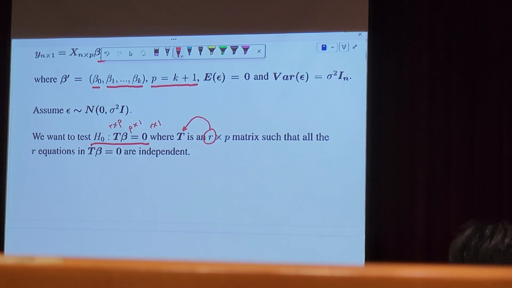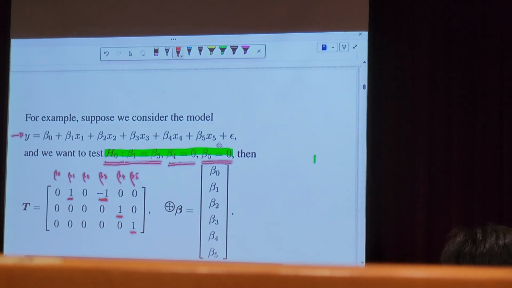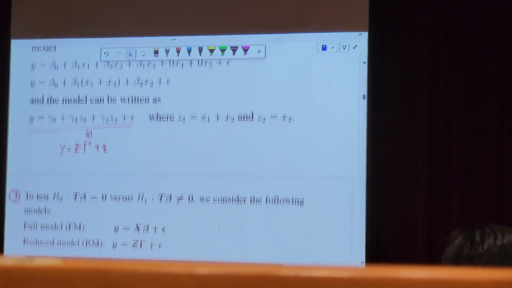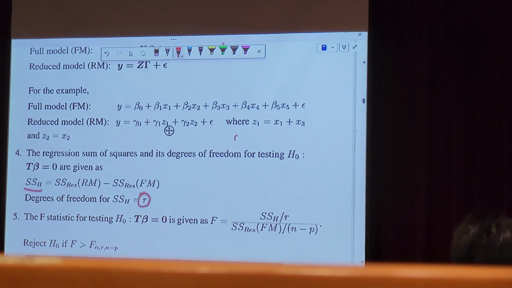So R refers to the row dimension of T. You know, how many constraints are we testing? So in this example, we are testing 1, 2, 3. We are testing 3 constraints. So in this case, R will be 3. So R, for our example, is 3. Alright?